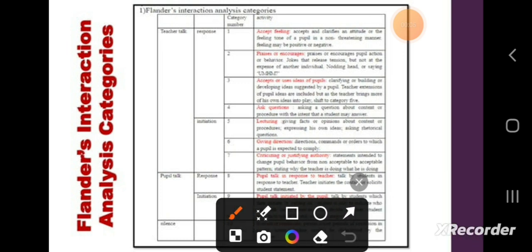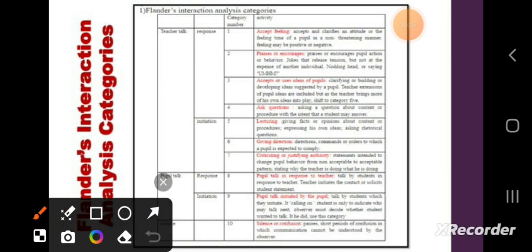Flanders interaction analysis category, teacher talk. Number 1, accepts feelings. Activity. The teacher acknowledges and clarifies the emotional tone or feelings of students. This includes positive or negative feelings and may involve actions like nodding or providing reassurance. Number 2, praises or encourages.